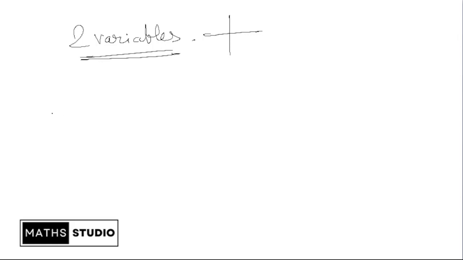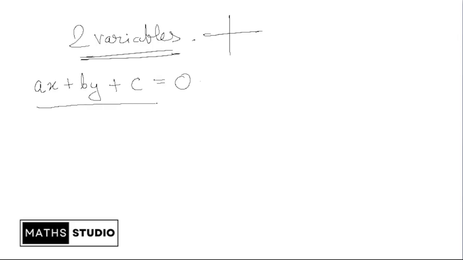Now the main genesis of this particular chapter for class 9 is your way of expressing a linear equation in two variables, okay. So the format looks something like this: ax plus by plus c equal to 0.